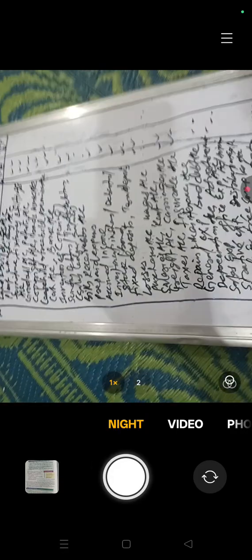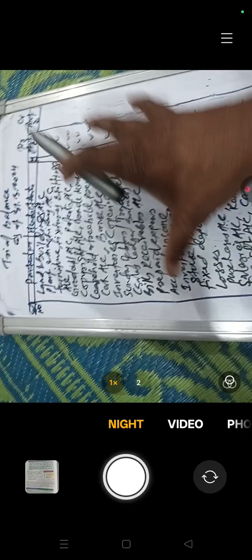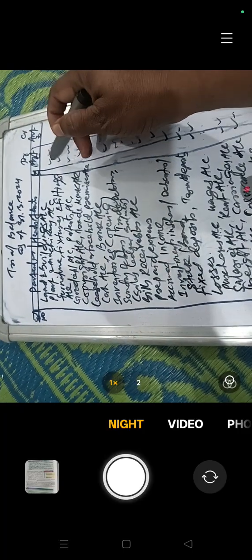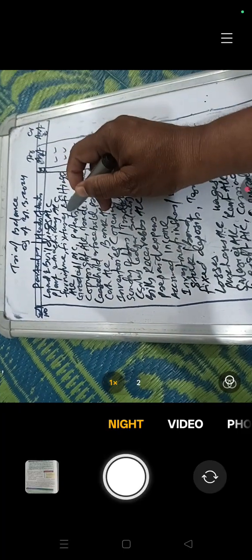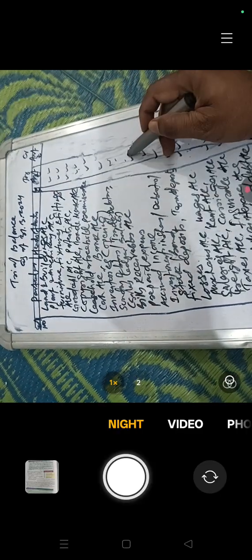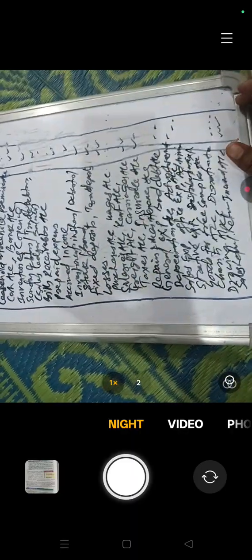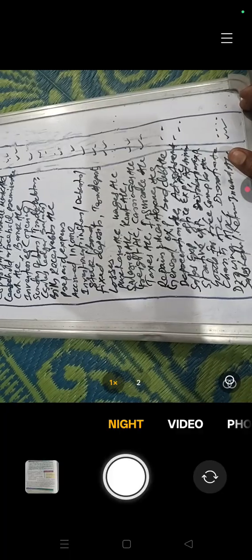So while preparing trial balance, we have to keep in mind that any accounts related to assets and properties of that business, that account's amount will be shown on the debit side of the trial balance, not on the credit side.